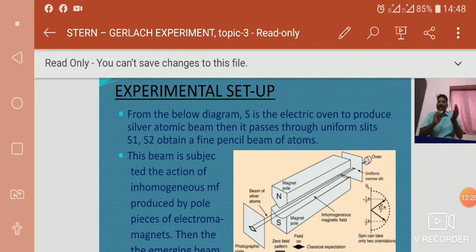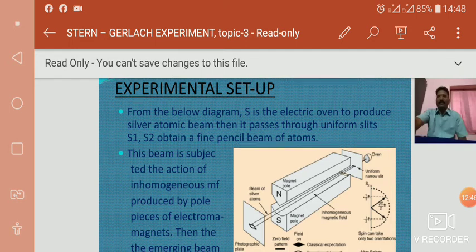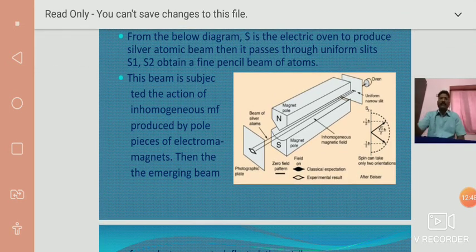If the momentum changes, the energy changes. If the energy changes, the spectral lines may be changed. This is the reason. Hence, space quantization is established by the Stern-Gerlach experiment. It is successfully explained. Space quantization is the new topic introduced in the vector atom model.